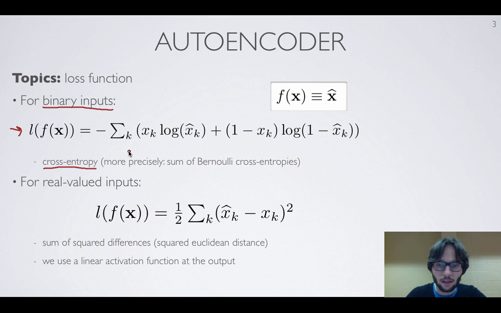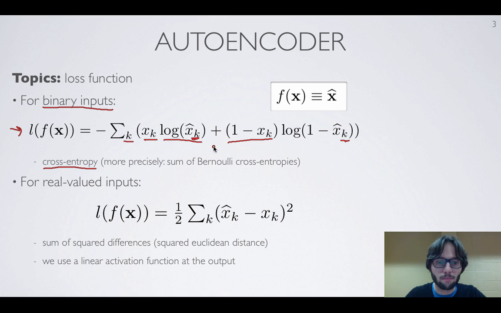We'll just look at the equation. So it's going to be minus the sum over all the elements in the input vector of xk, the kth element of the input vector, times log of the reconstruction of the kth input element, plus 1 minus xk times log of 1 minus x hat k.